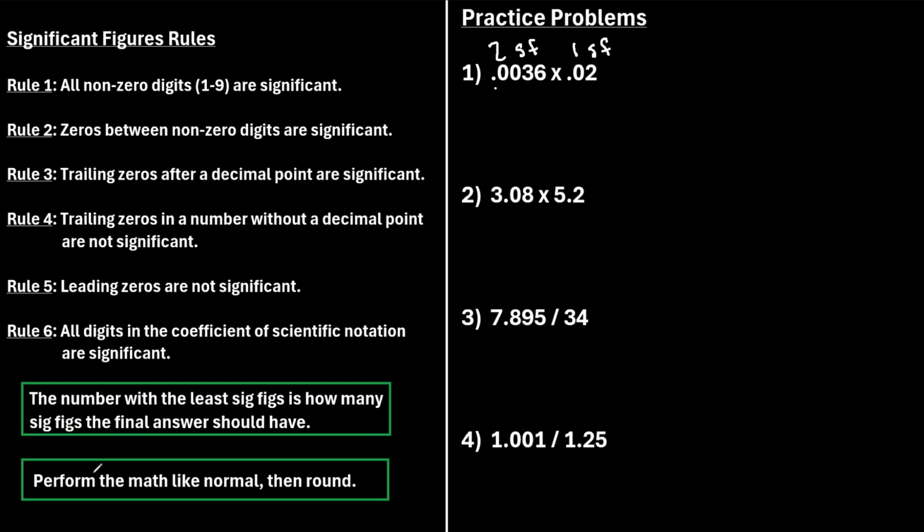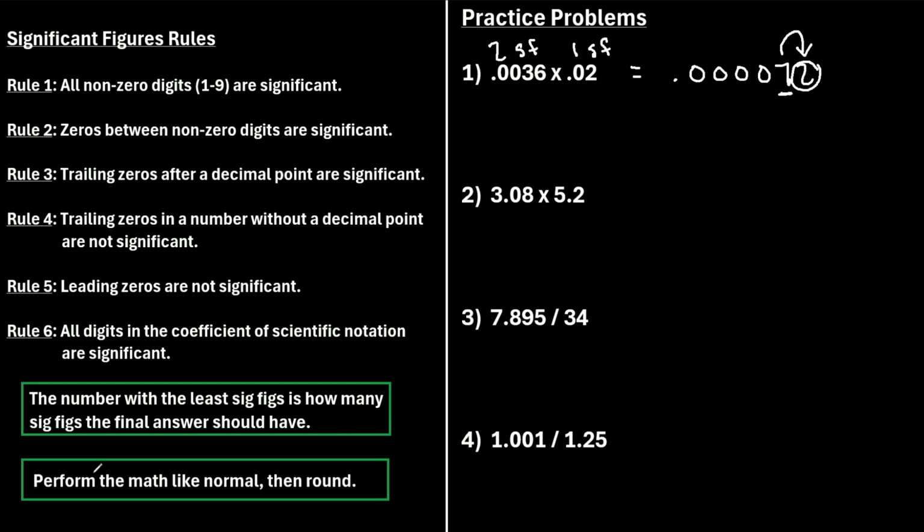So if you just punch this into a calculator, 0.0036 times 0.02, here's what you get. So we get 0.000072. Now, right now, this result has 2 significant figures, the 7 and the 2. But remember, we only want to write it with 1 significant figure. So what we're going to do is identify the first significant figure, so that would be the 7. Then we'll look at the number that comes after it, and we'll see, should we round the 7 up, or should we just keep it as a 7?